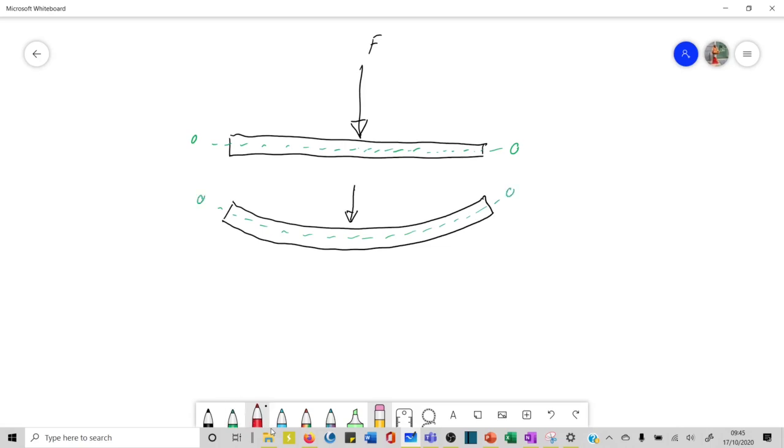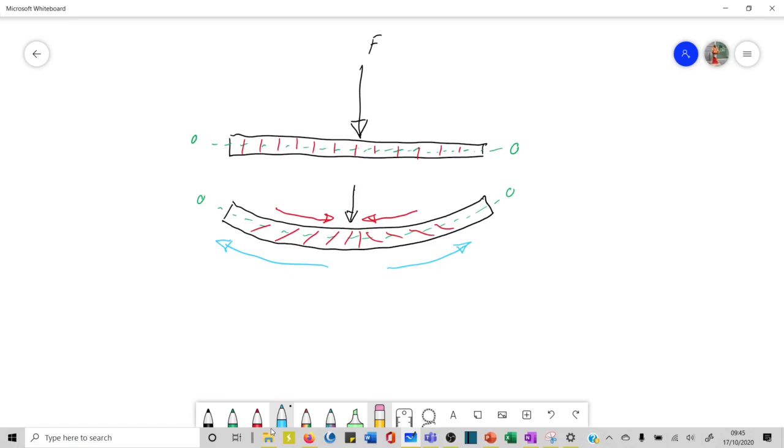The difference now is that if the molecules in this beam were represented like this in a state of equilibrium, we can see that because of the compressive force, all of the molecules are being crushed inwards. That's the compressive force. And likewise we've got the torsion on the underside, like so.